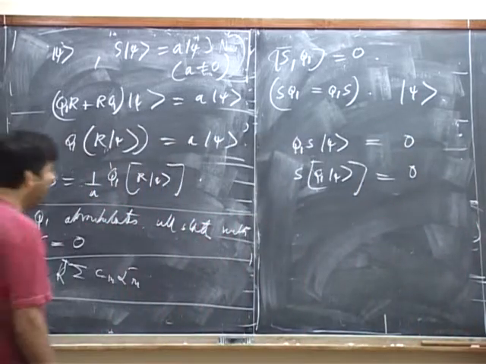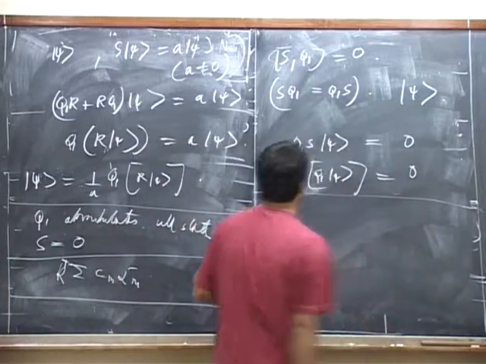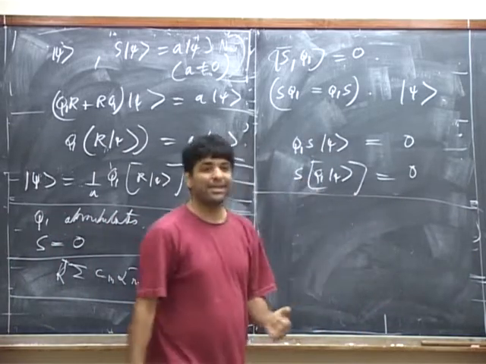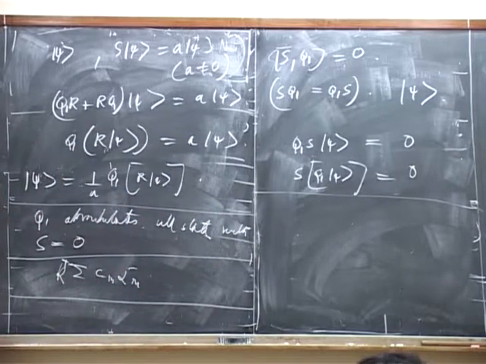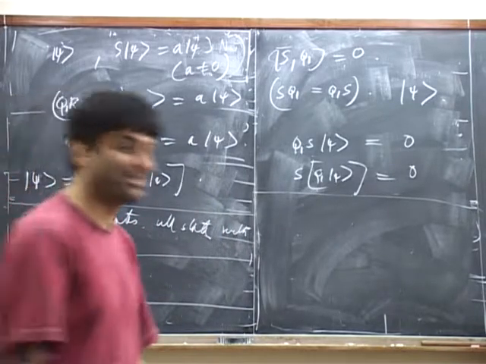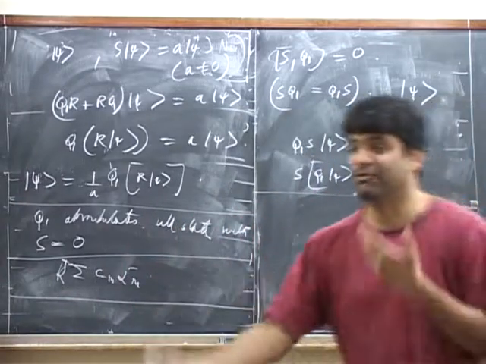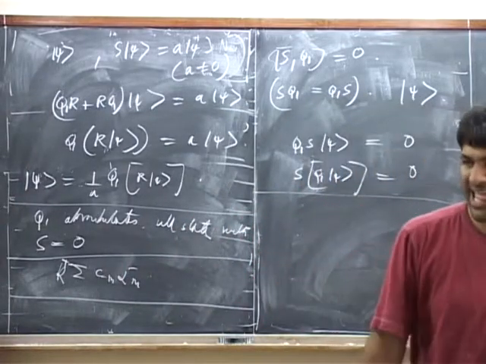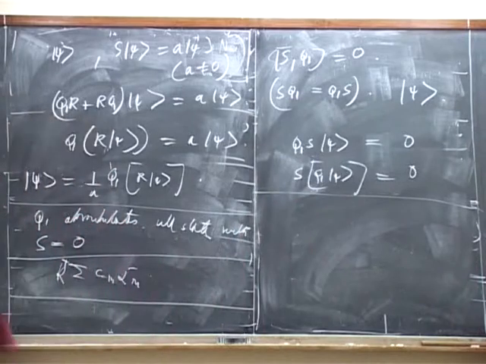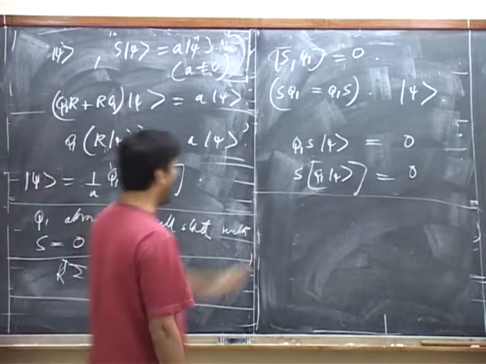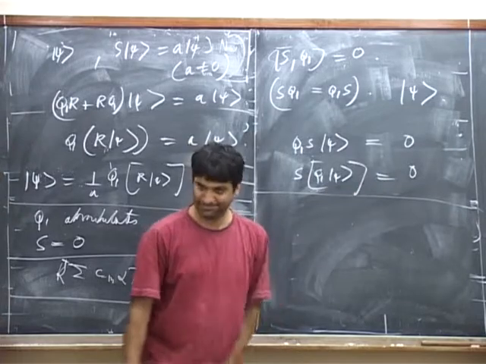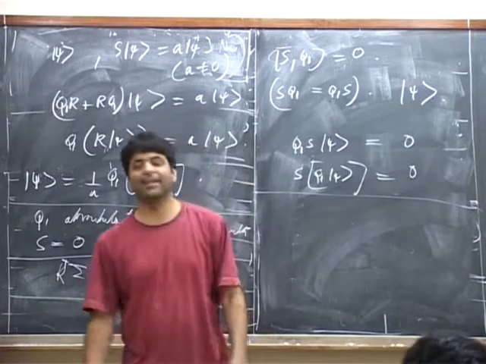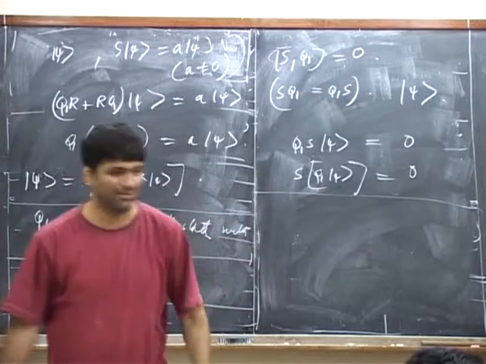Okay. But, you see, the point is that Q1 is an operator with ghost number 1. Okay? Remember what ghost number was? Ghost number was the number of C's minus the number of B's. Okay? Now see, psi had S equals 0, therefore had number of B oscillators and C oscillators both equal to 0.